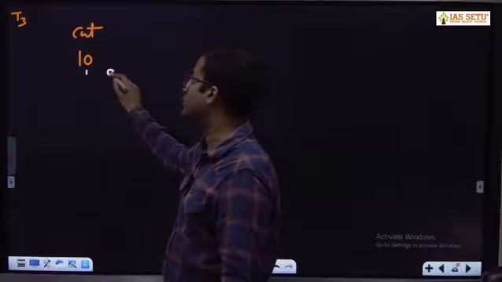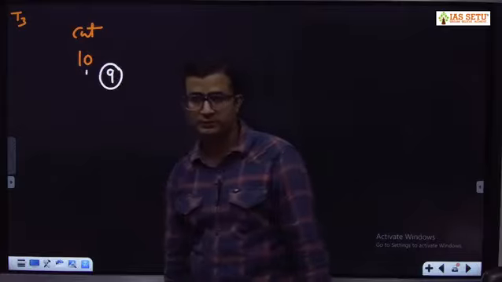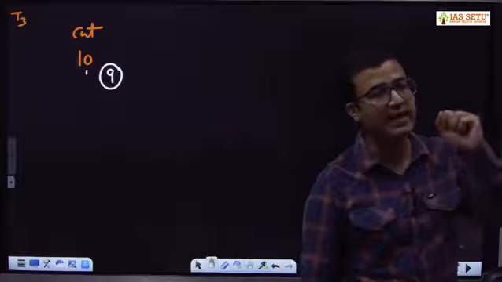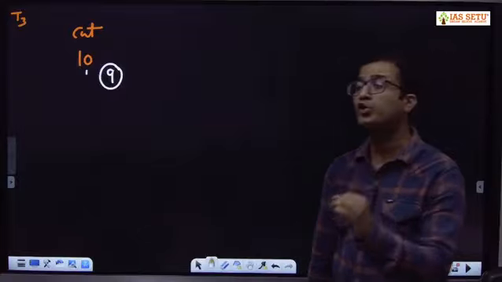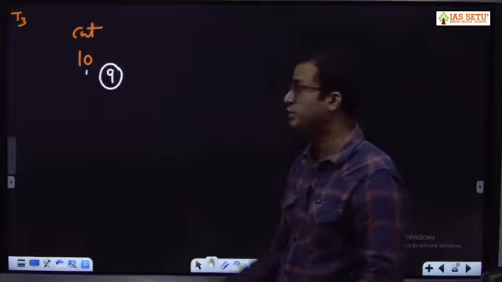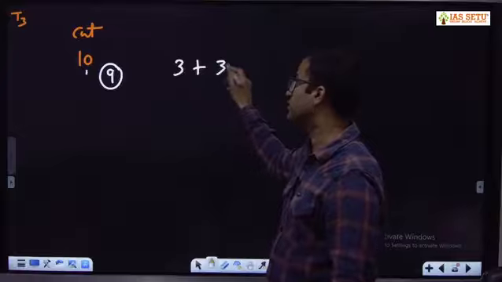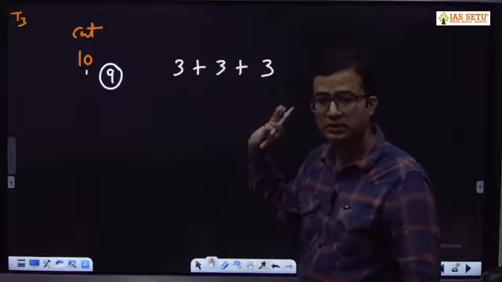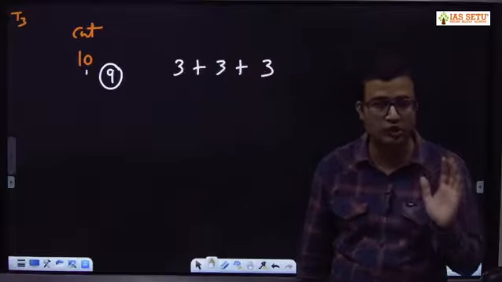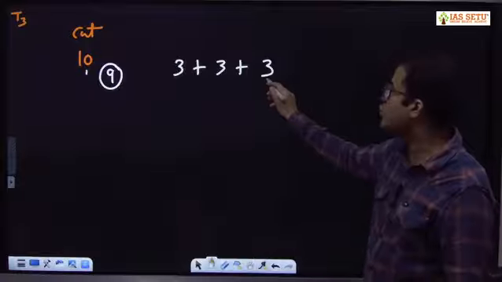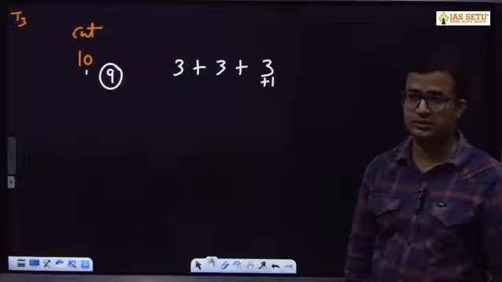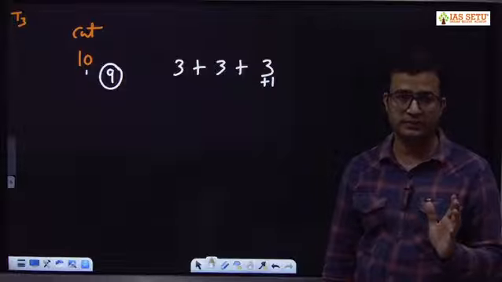Just imagine you have 9 chocolates. ऐसा imagine करो कि आपके पास अगर 9 chocolates होती, how you can make best distribution of 9 chocolates? 3 plus 3 plus 3. But you have 1 extra chocolate. That extra you can give to any of these axes. Minimum disparity.